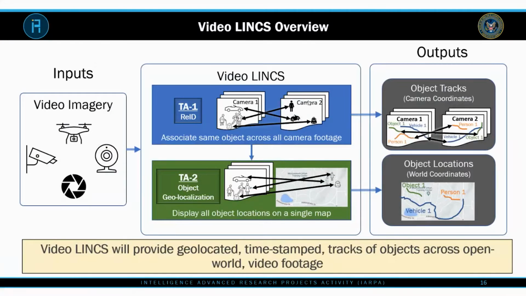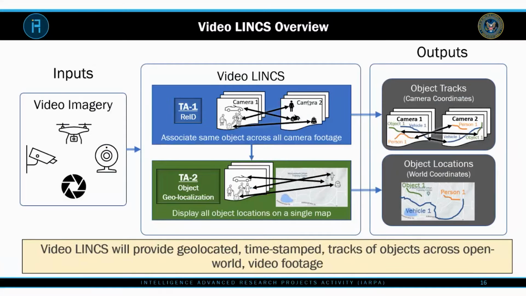An overview of the video link system would have inputs from different video sensors. There are two technical areas. One, re-identification, which would associate the same object across all camera footage. The output from that re-identification would be tracks of those objects in camera coordinates within each individual camera footage and across cameras.